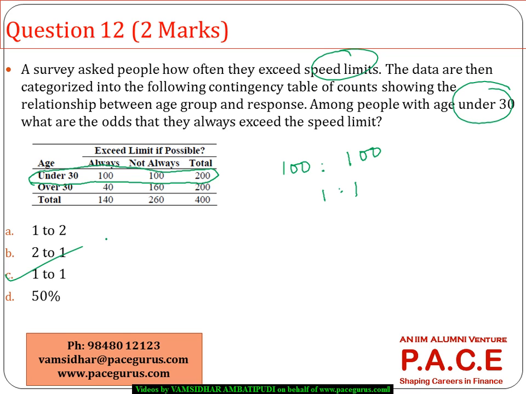Whenever we are talking about odds, we are always talking about the ratio between the two values. But when we talk about probability, we talk about it as the value upon the total. Whereas whenever we talk about odds, we talk about P is to 1 minus P, which is 100 is to 100, giving me the answer as 1 is to 1, which is the option choice C in this case. Okay, let's move on to the next question now.